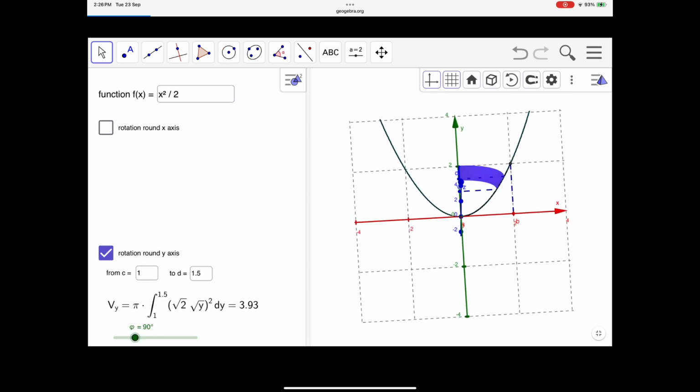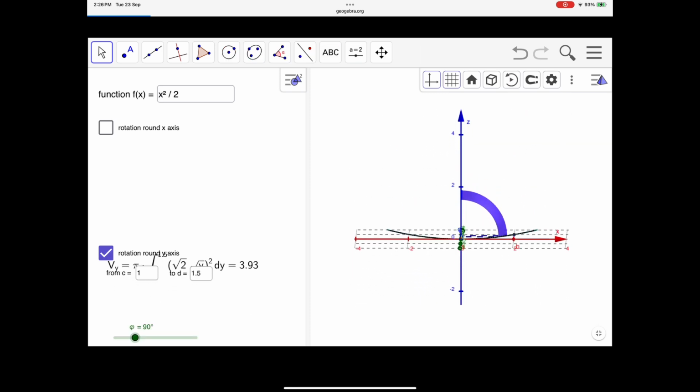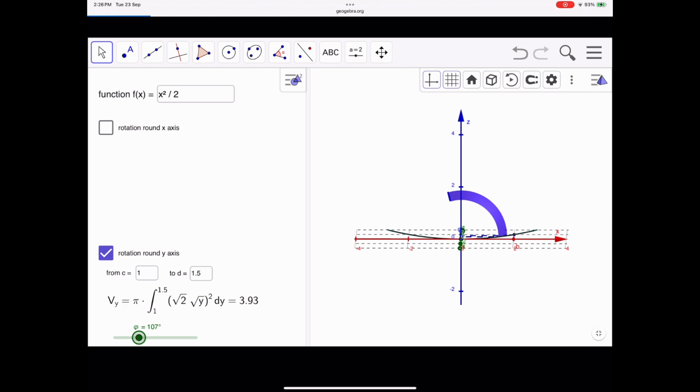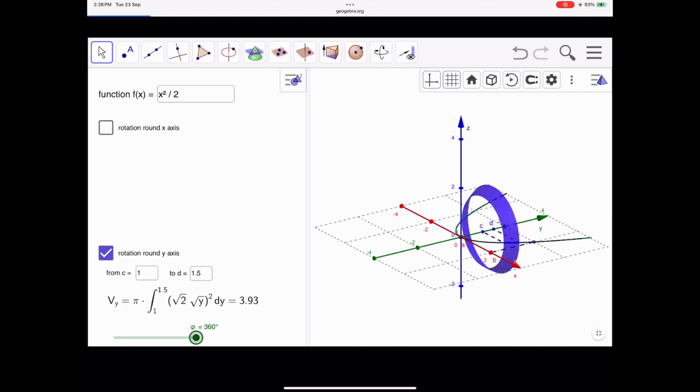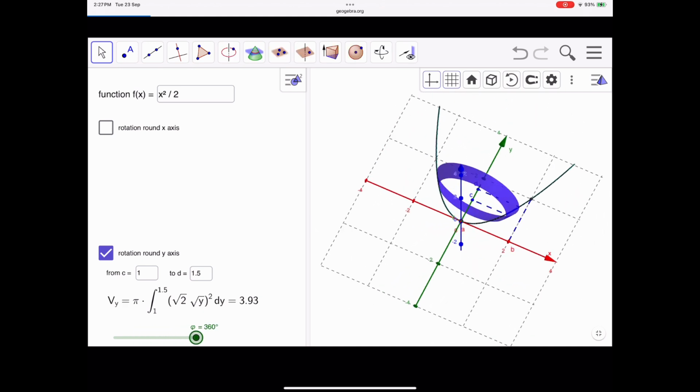Can also do this around the y-axis, and get shapes like this.